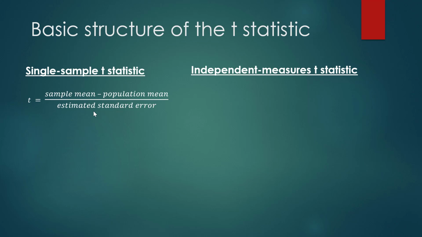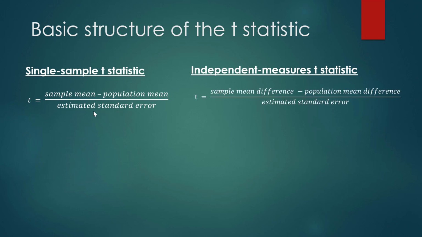Now that we have two samples, thinking about that hypothesis, we're looking at the difference in the sample means and comparing it to the difference in the population means. So we take the sample mean difference and compare it to the population mean difference. This is our measured difference, this is what we expected to happen, and we use our estimated standard error again.